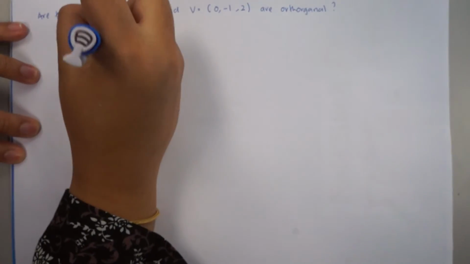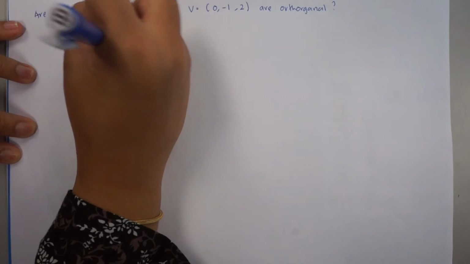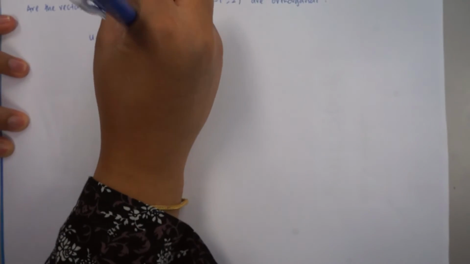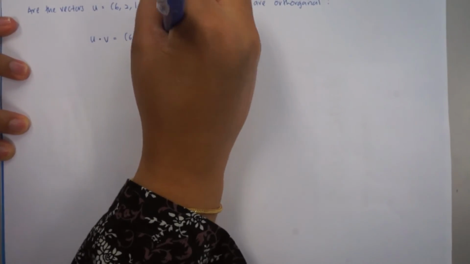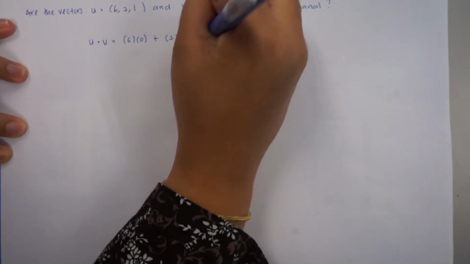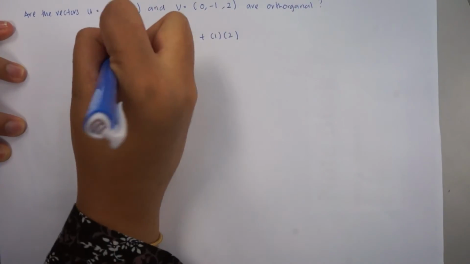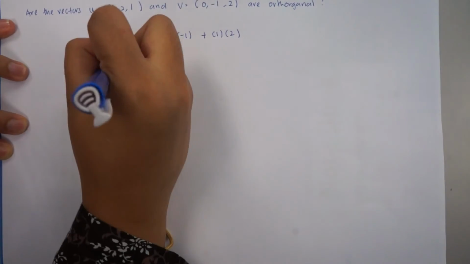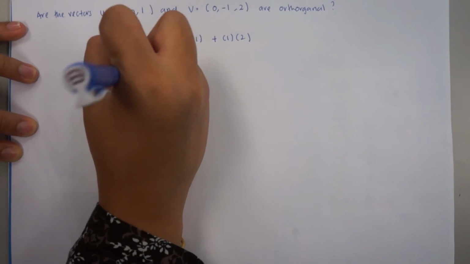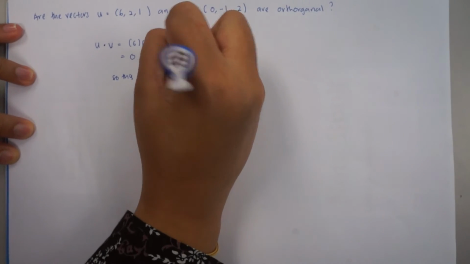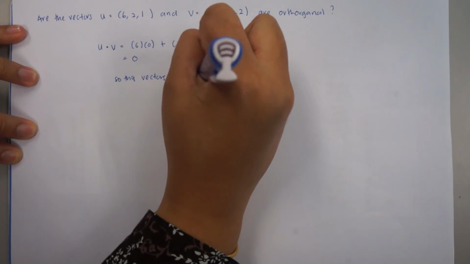Let's do u dot v, which equals 6 times 0 plus 2 times -1 plus 1 times 2, which equals 0. So these vectors are orthogonal.